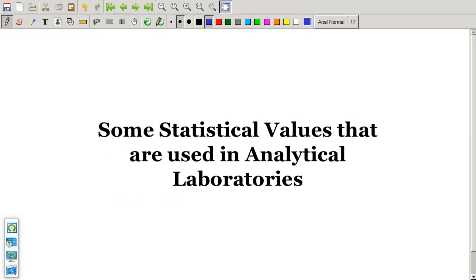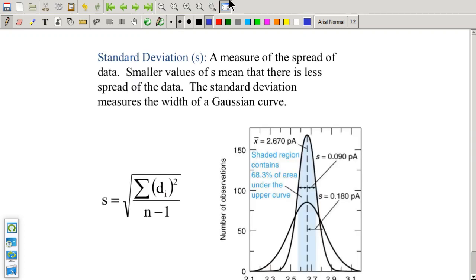Now let's look at some other statistical values. Those are just kind of the base values that you do. Here's a really important one. We report the standard deviation. Now the standard deviation reflects how wide the Gaussian curve is based on your data. What's illustrated over here is 2 Gaussian curves.